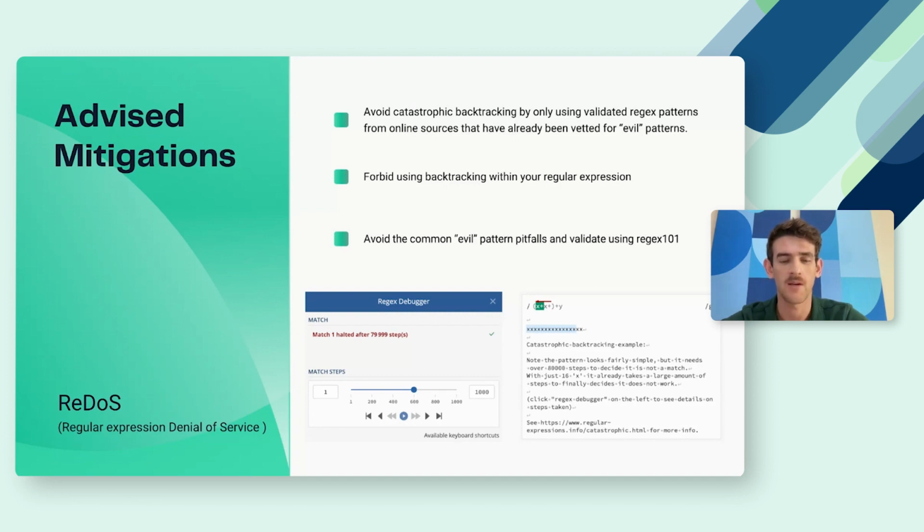If you do end up wanting to write your own regular expressions, ensure the pattern you create doesn't use backtracking, and avoid the common pattern pitfalls through tools like regex101, which will show you if you have a catastrophic backtracking possibility, or use the debugger to make sure you're going to be able to execute the regex as you intended it to.